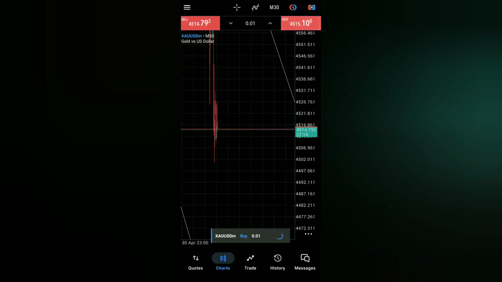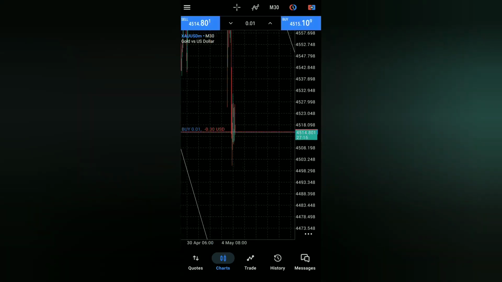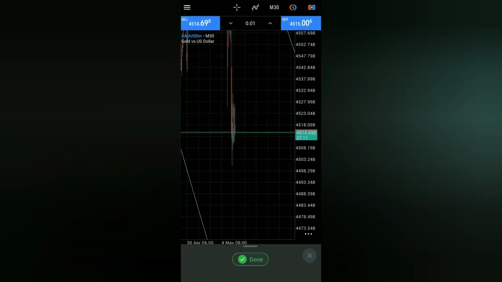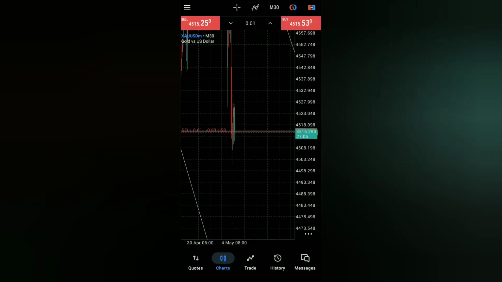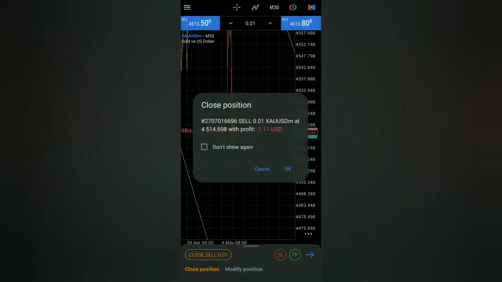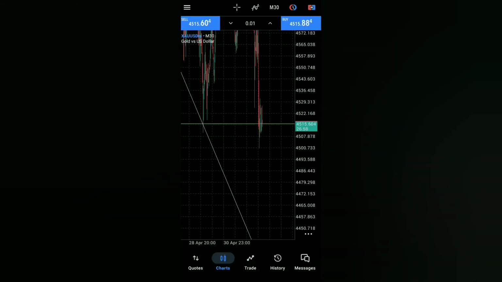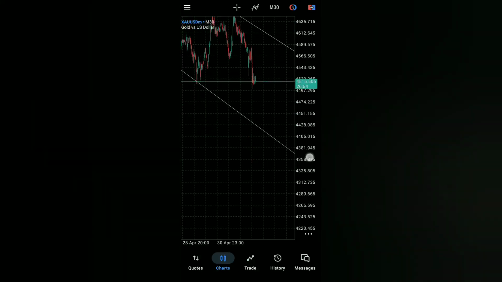If I click buy now, I bought at that line. Let me close it. If I click sell now, I sold at that horizontal line, right? That particular line. Let me close it now. Boom, I've closed it. So clicking buy or sell means that I'm buying exactly where the market is.